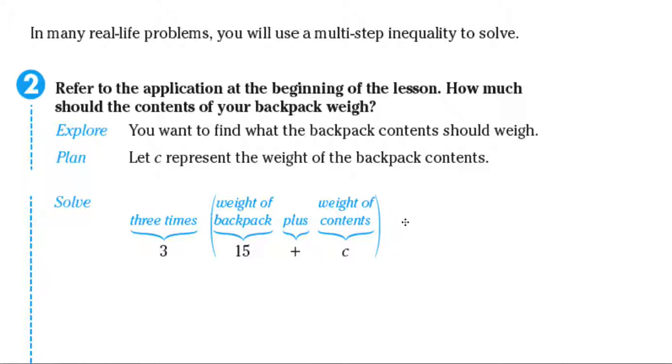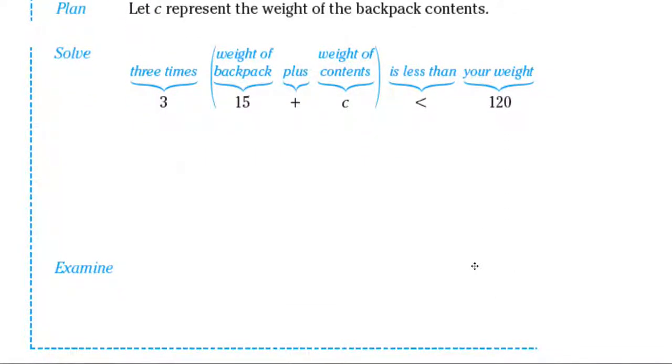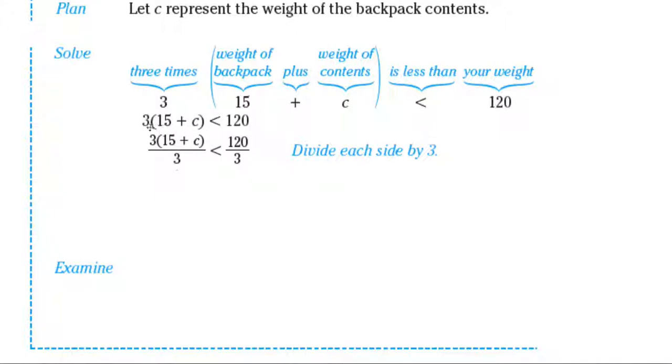Should be less than your weight, which in that problem is 120 pounds. So this is the original inequality: 3 times 15 plus c is less than 120.